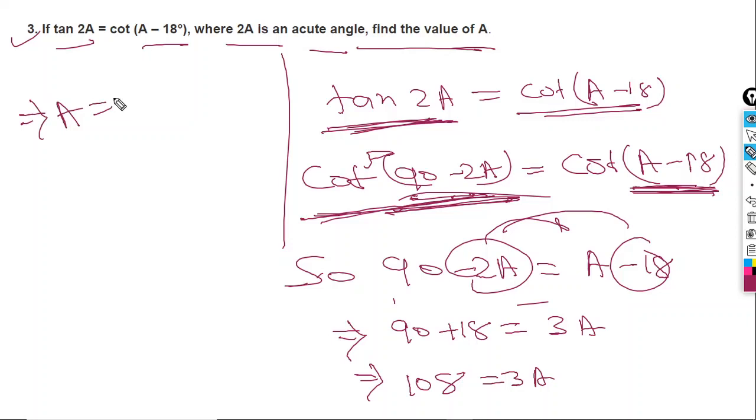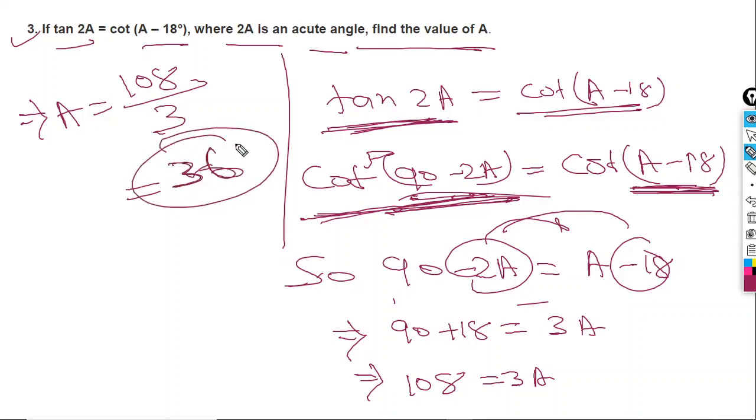So a is equal to 108 divided by 3. 3 3 is 9, 3 6 is 18. So a equals 36 degree. Find the value of a equals 36 degree. Okay, in this way we can solve it.